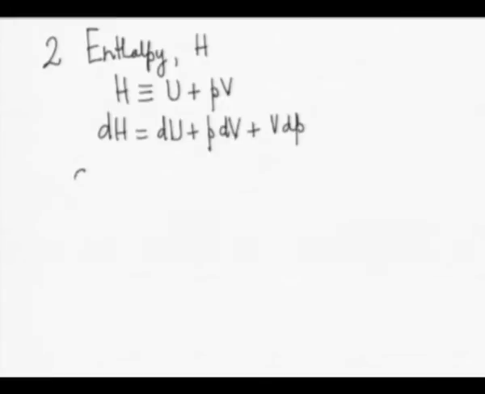Now remember, our dQ is dU plus dW, and I will write dW as dU plus PdV, the expansion component of work, plus dW other.